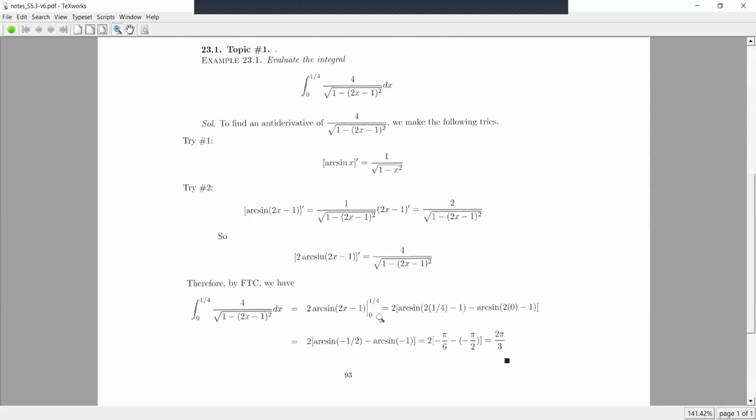This notation means plug in 1/4 in x, then we get this, minus plug in 0 in x, then we get this. Now calculator.